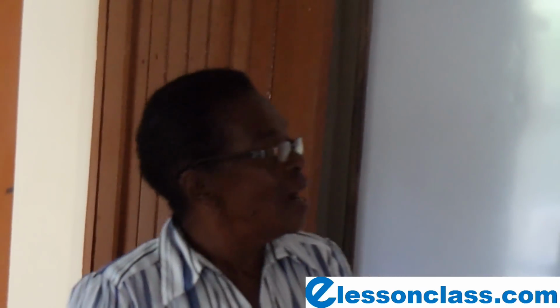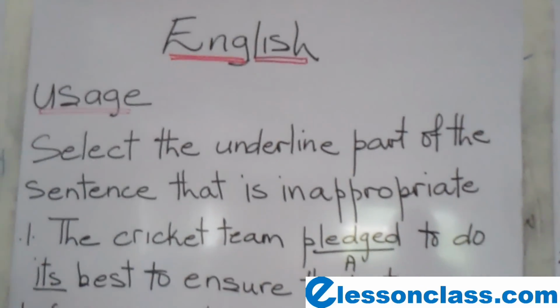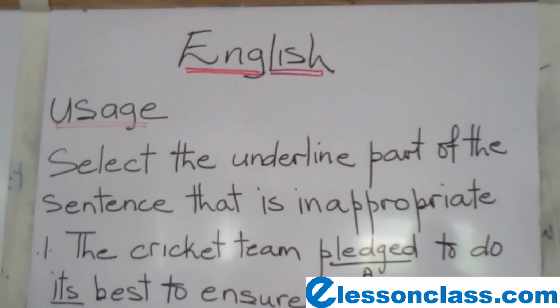There are certain sections in the sentence, or certain words in the sentence, that are underlined. The error, if there is one, will be found only at one section. We will never find two errors in the same sentence.